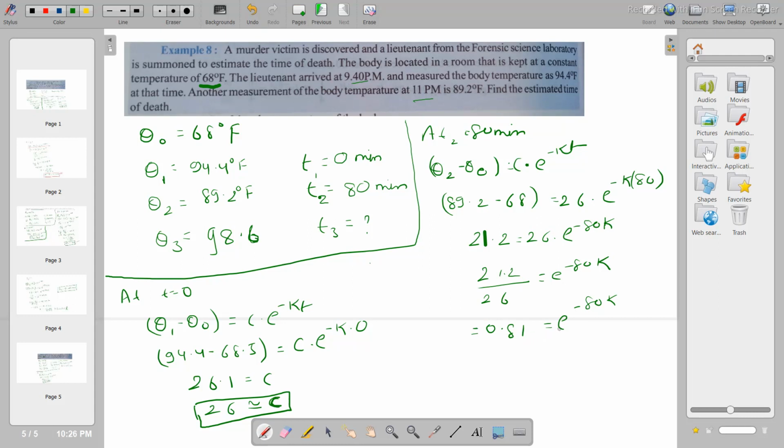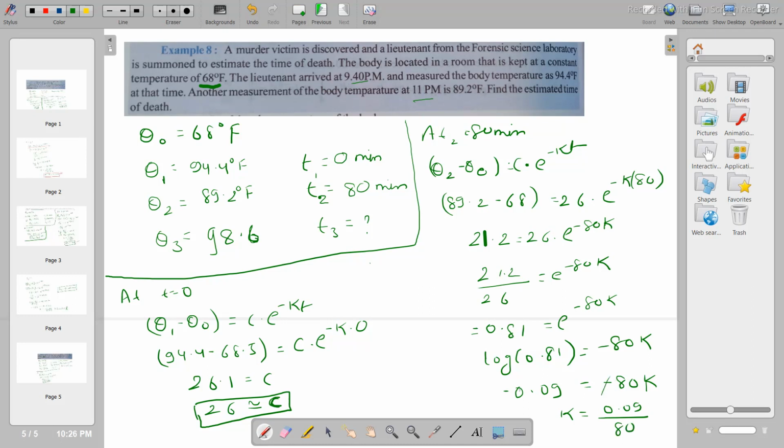Now again, we can take it as log 0.81 is equal to minus 80k. So log 0.81 will be minus 0.09, which is equal to minus 80k. So the k value will be 0.09 by 80.